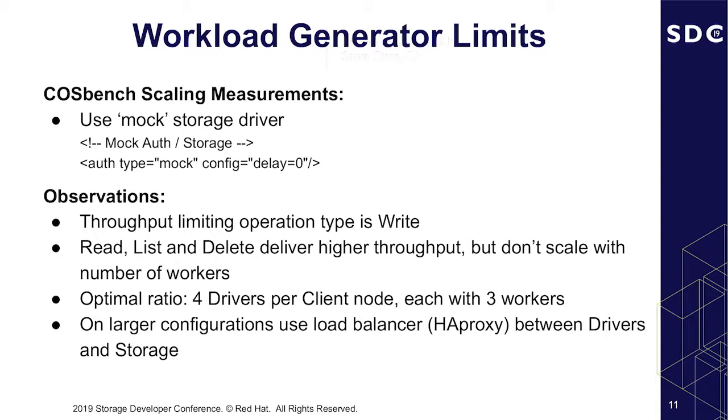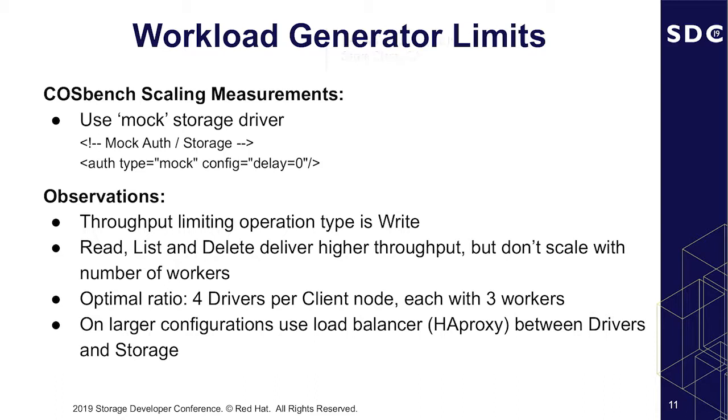And for Koz Bench, that ratio works out to be 4 drivers per client node. And each of those drivers themselves can, in parallel, support 3 worker threads. If you try to push too much further than that, you're going to be introducing some artificial delays from the workload generation side. This is with dev null as the target device, or?